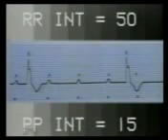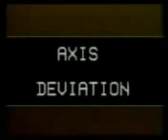In this tracing, the PP interval is 15 small squares and the RR interval is 50 small squares. So the atrial rate is 100 per minute while ventricular rate is 30 per minute. Clinically, what we count by palpating the pulse is ventricular rate. Atrial rate can be seen only on ECG.